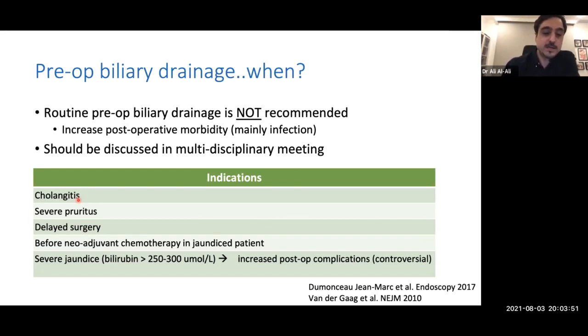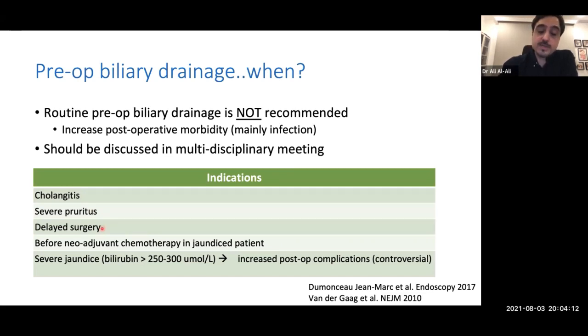Maybe the only exception is ampullary cancer. For some reason, they might get cholangitis even without any manipulation. But for pancreatic cancer or hilar cholangiocarcinoma, it's very uncommon for a patient to present with cholangitis if they never had any prior manipulation. Severe symptoms, especially severe pruritus, are an indication for biliary drainage.